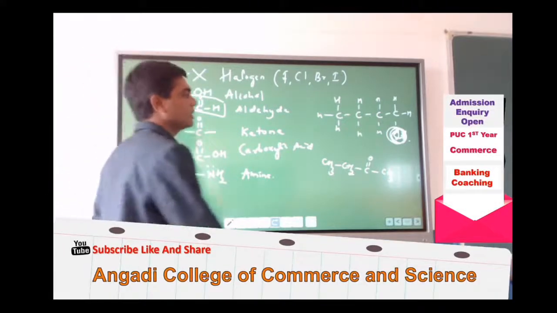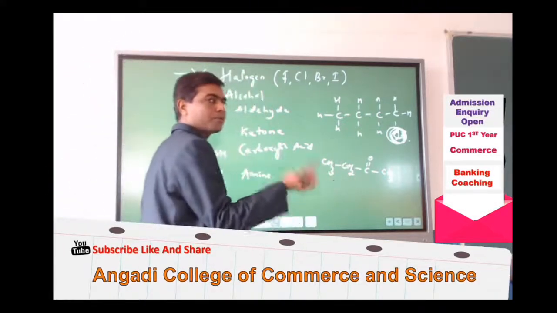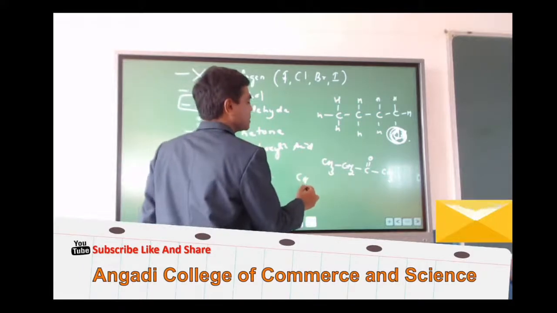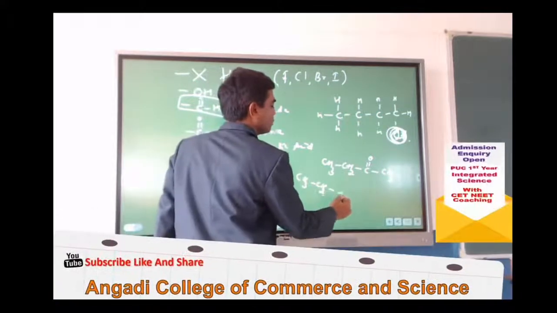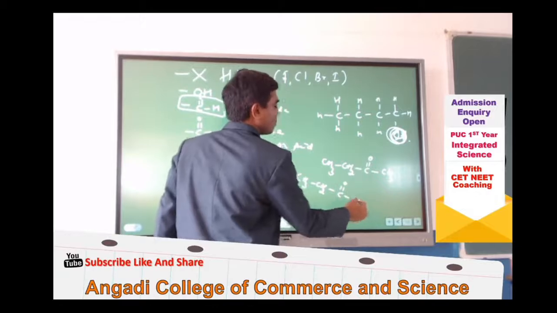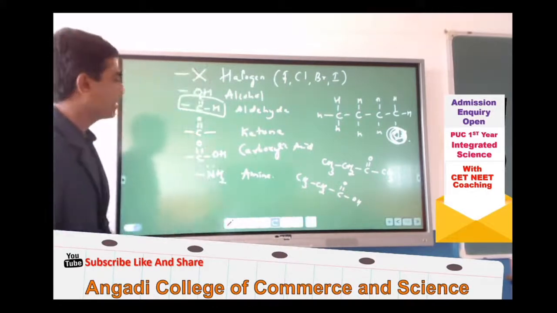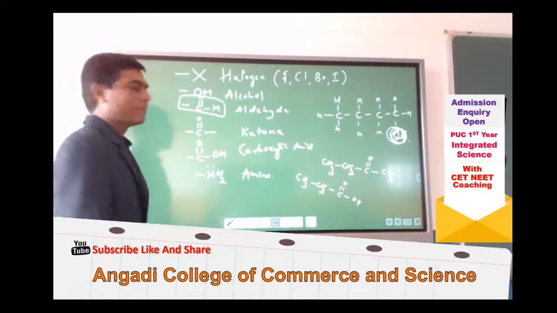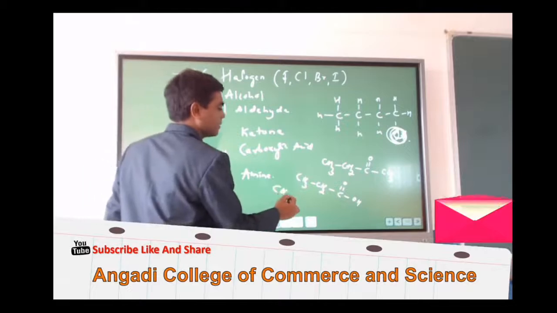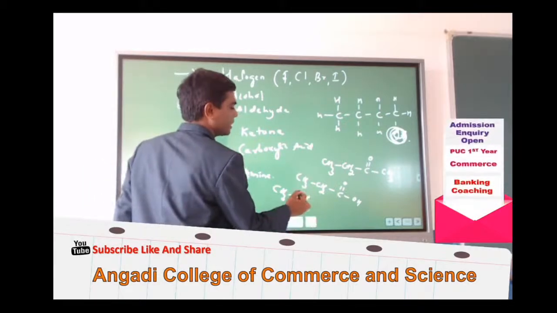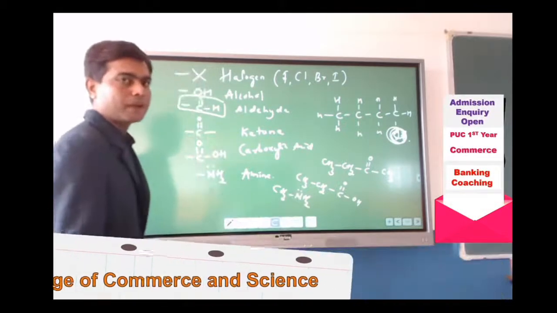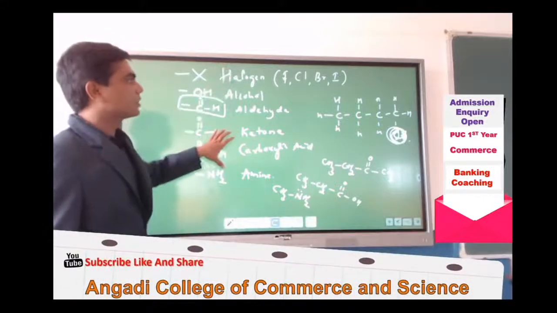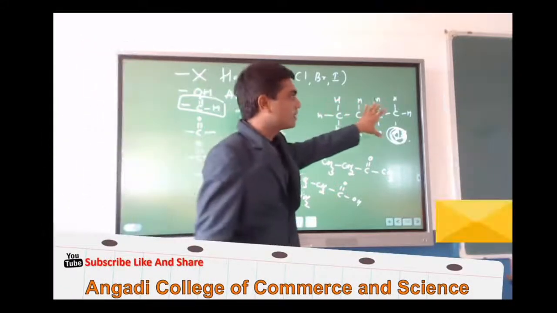For a carboxylic acid, it should also be at the first or last carbon, CH3, CH2, C double bond OH, which is called propanoic acid. And the last one is amines. The compound becomes methanamine, or methylamine. So like this, you have to utilize functional groups in the compound.